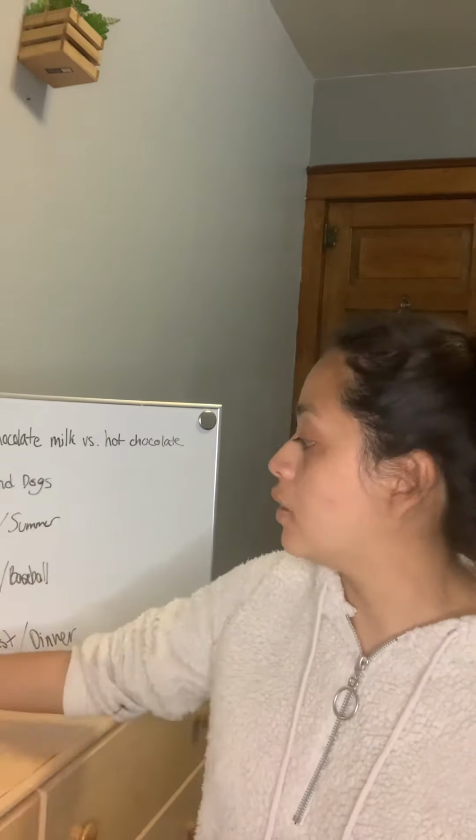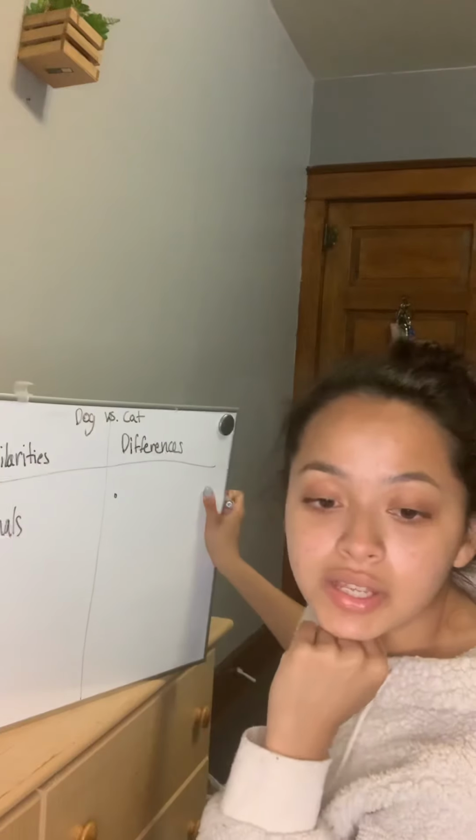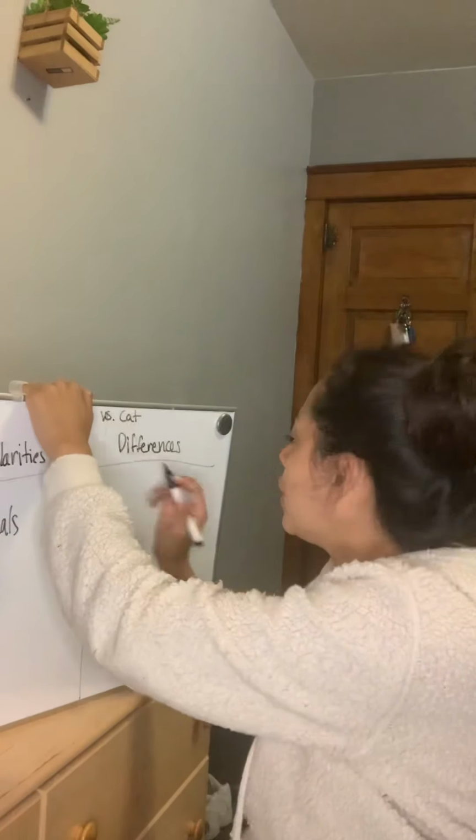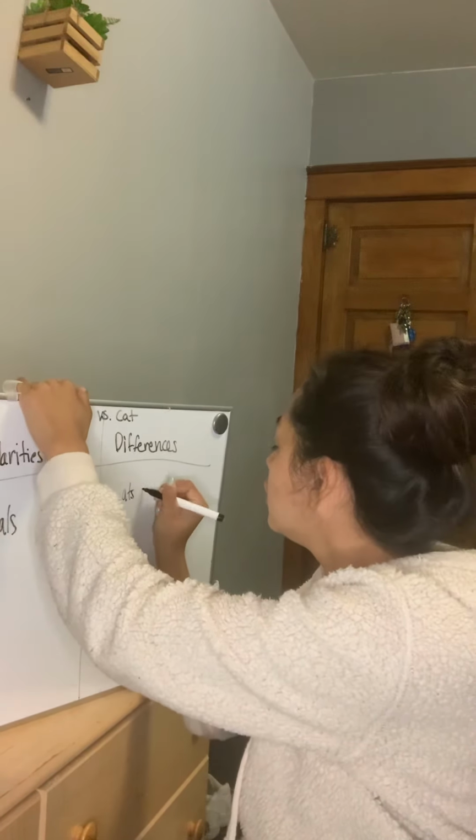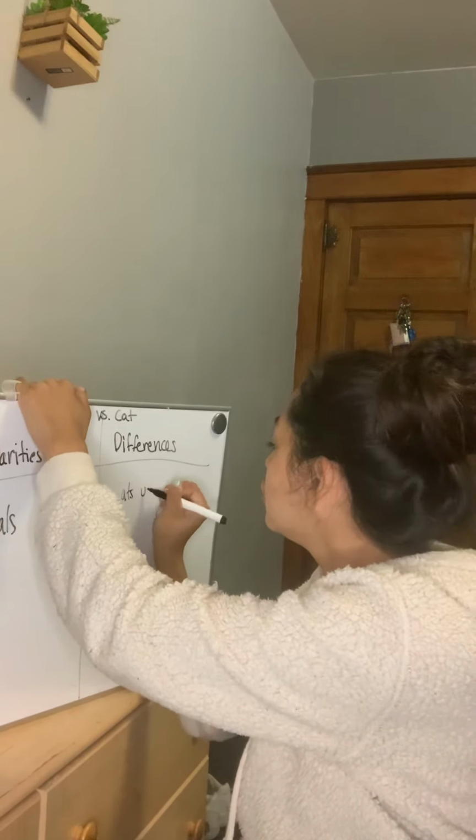So, who can give me a similarity? Yeah, good job, David. They're both animals. Nicole, give me a difference. Cats use a litter box. Okay, cats use a litter box.